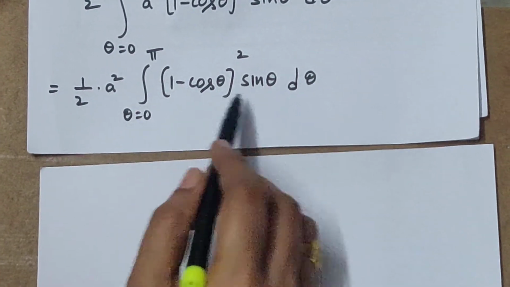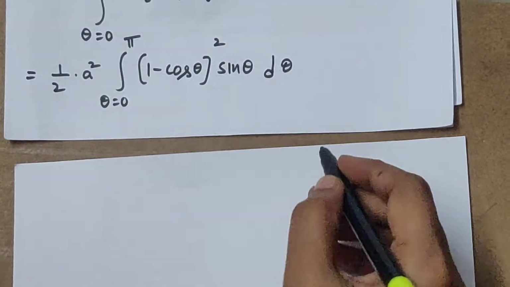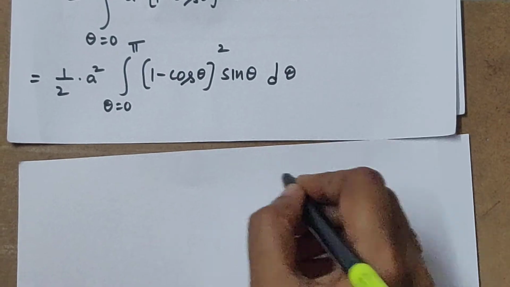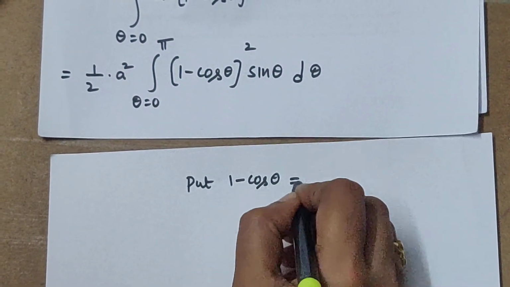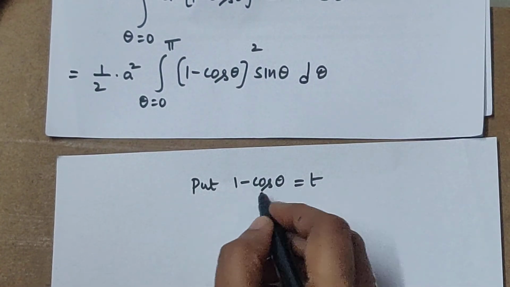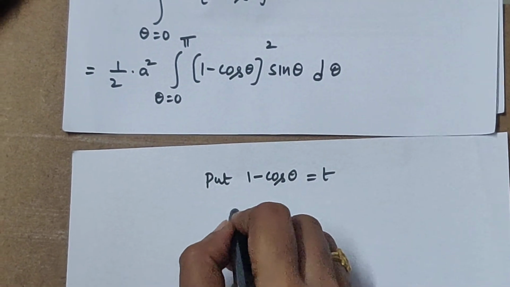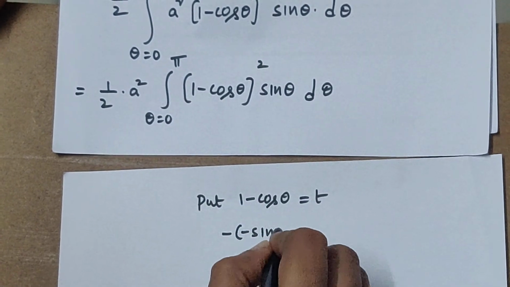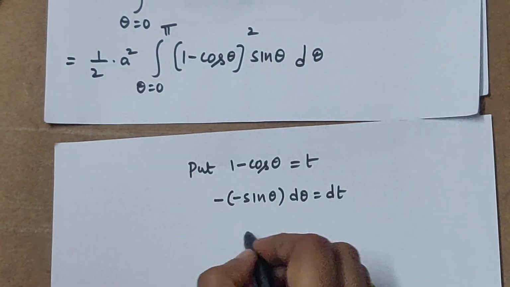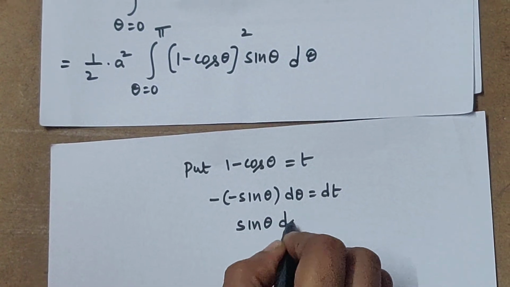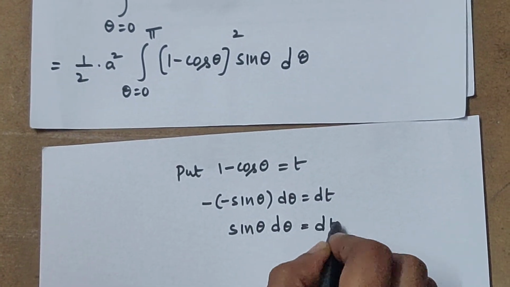Now to evaluate this integral, go for a substitution that makes it simple. Put 1 minus cos theta equal to t. Differentiating, the derivative of cos theta gives minus sin theta d theta, equal to dt. So sin theta d theta equal to dt.